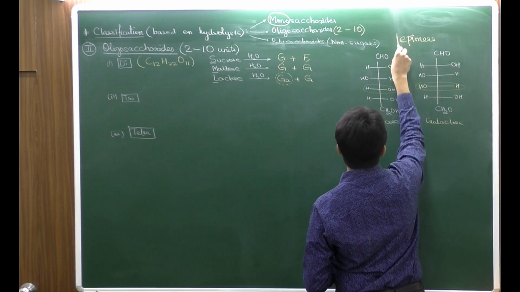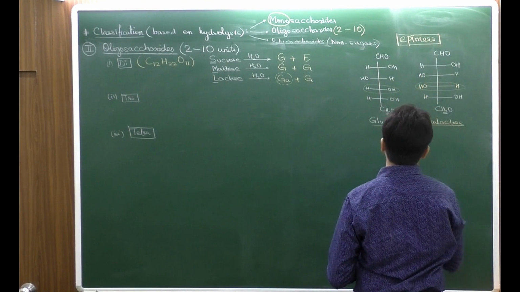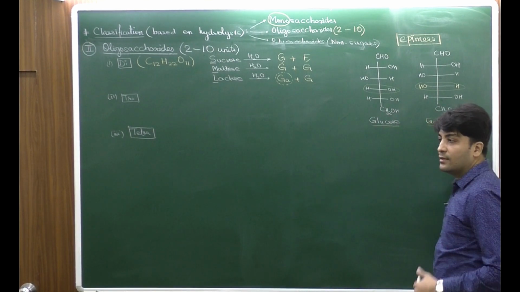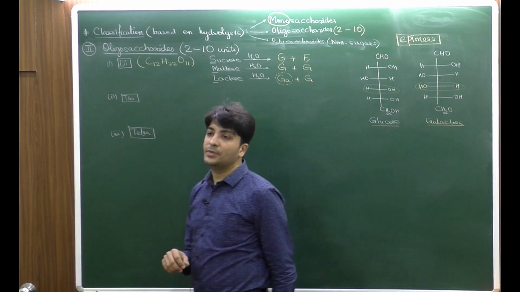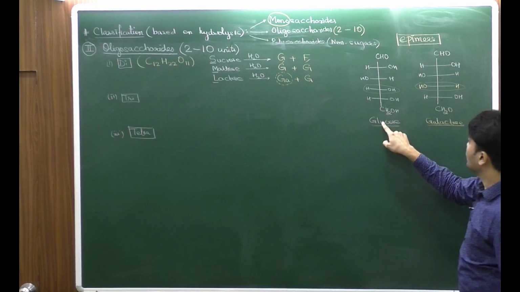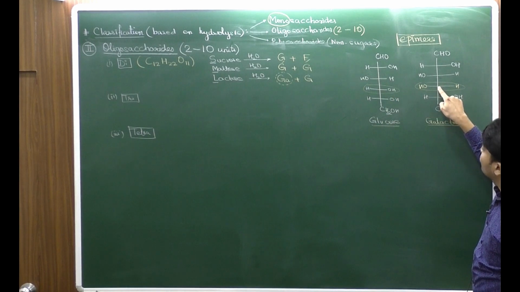So one simple statement which is important: glucose and galactose are optical isomers, but very importantly, they are epimers. Correct? Once again, glucose and galactose have a different configuration at the fourth chiral carbon.